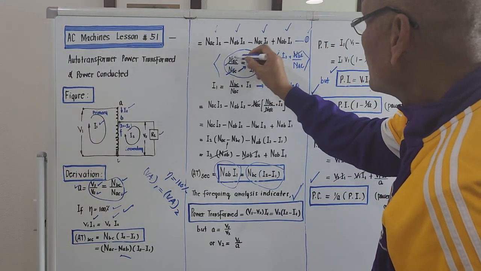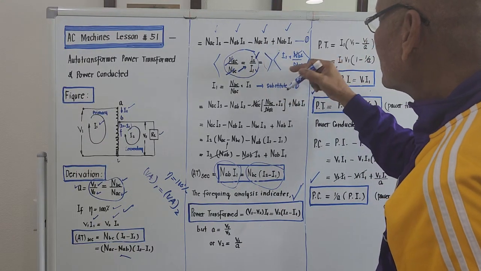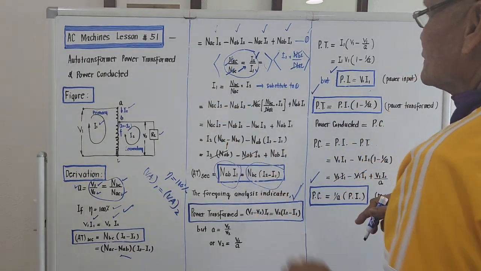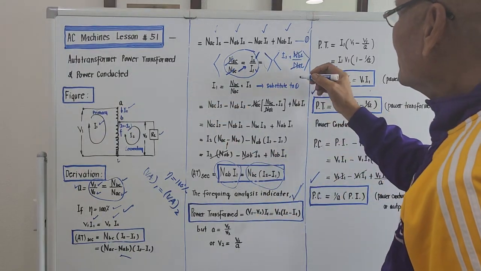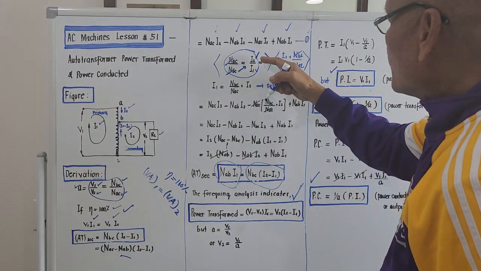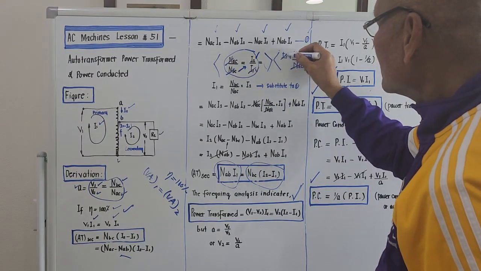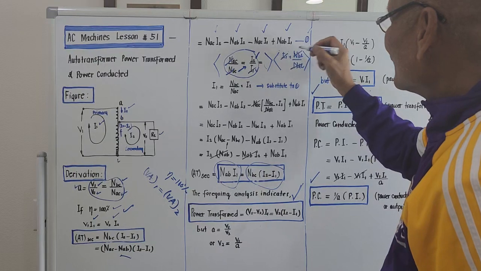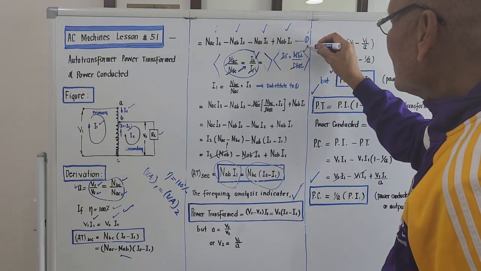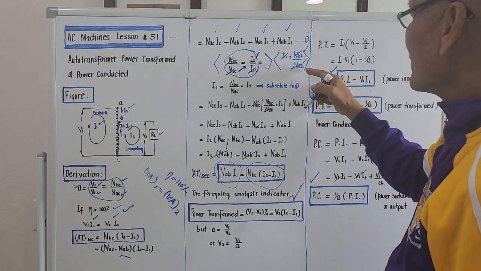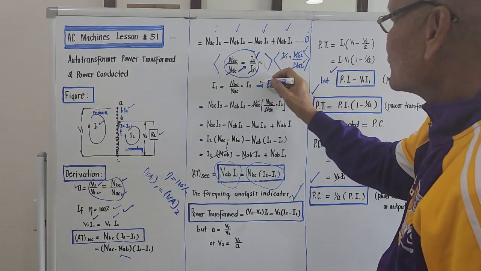This NAC will cancel out. What remains on the left will be I1. For the right hand side, what will come out? We will multiply I2 over I1 times this. So this I1 here cancels with this, right? So this one will remain, this one will remain. So it will be NBC over NAC times I sub 2.